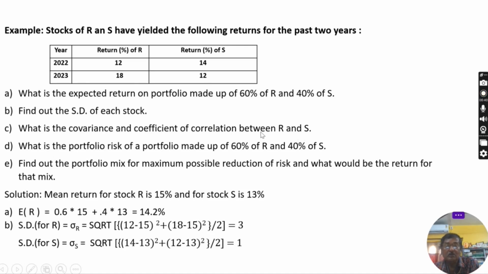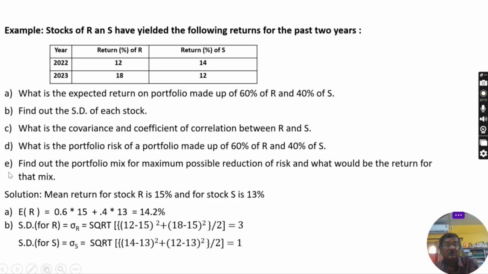That you also have to compute. You should know how to compute it, then only you can apply. That's why this type of problem is taken. Next, D, what is the portfolio risk of a portfolio made up of 60% of R and 40% of S? What we have shown for expected return, you have to find out the portfolio return also.